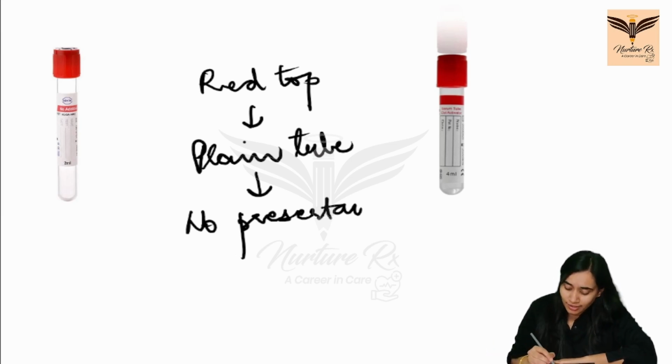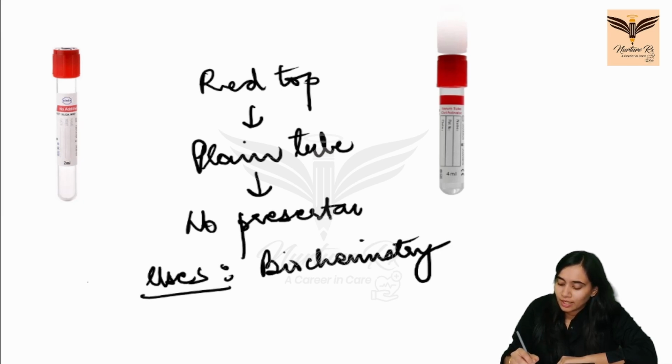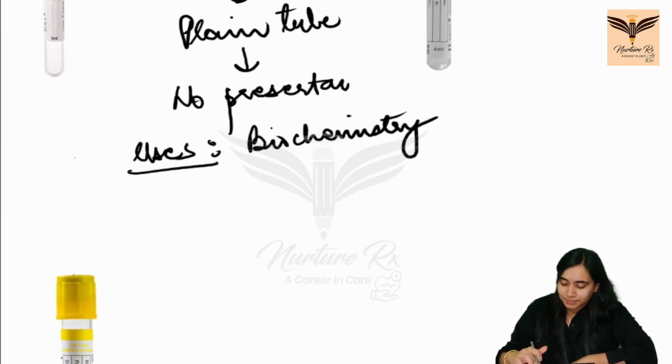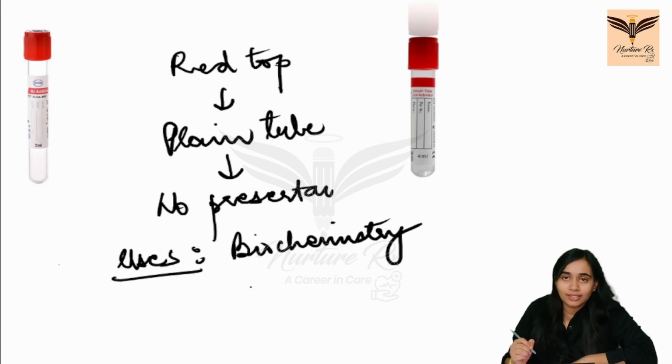So what is our next lead? What are its uses? In which test is this tube used? So first is biochemistry panel. Most of the biochemistry tests are to be done in this tube. What other tests can you do in this tube?